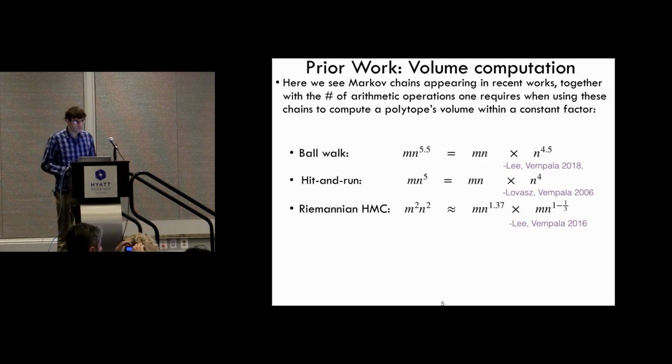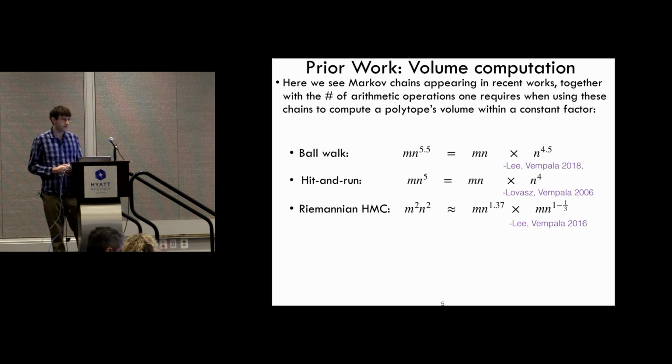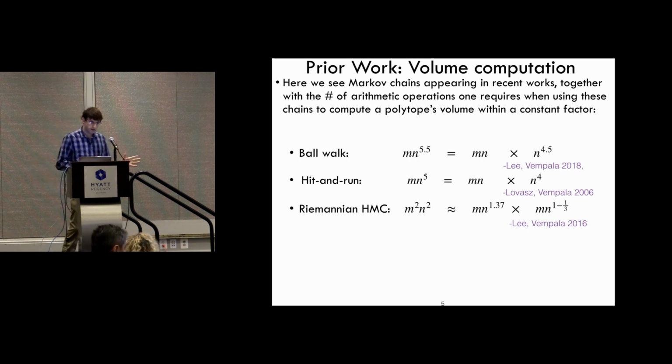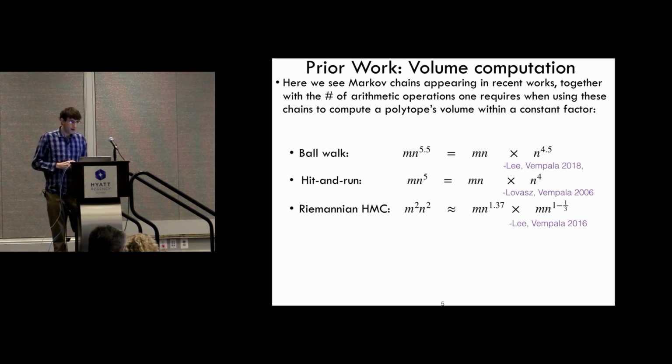Here we have various Markov chains appearing in recent works, and some of these Markov chains imply the best current bounds for computing a polytope's volume in different regimes. We also have, in the first column, the number of arithmetic operations that these Markov chains require to compute the volume of a polytope.